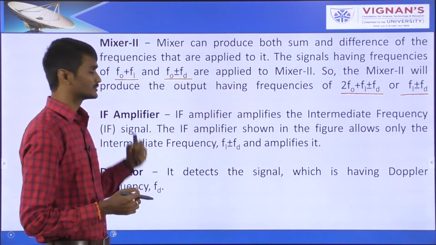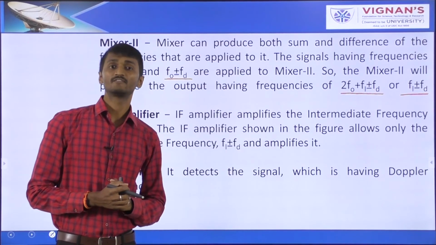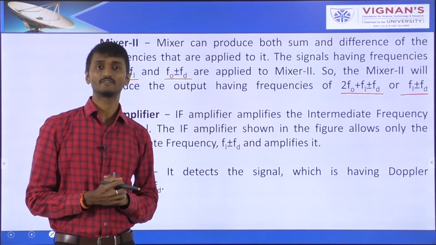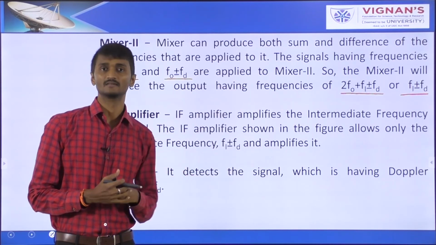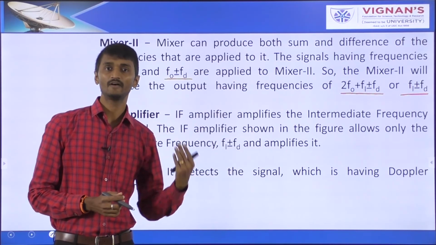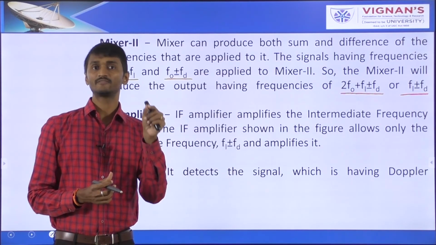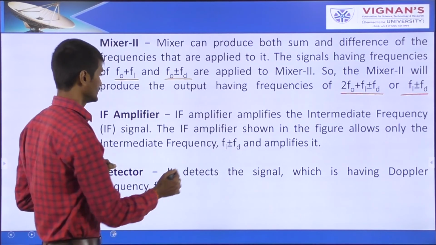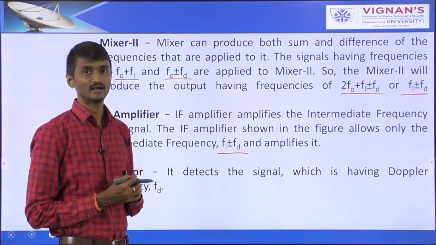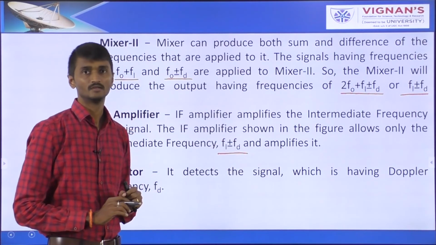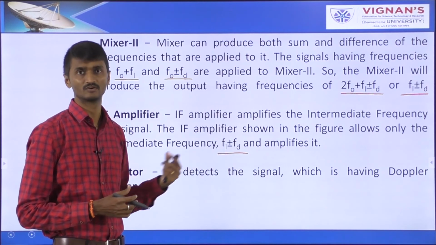Next section is the IF amplifier, the intermediate frequency amplifier, which amplifies the intermediate frequency signal. The IF amplifier shown in this figure allows only the intermediate frequency FL plus or minus FD and amplifies it.